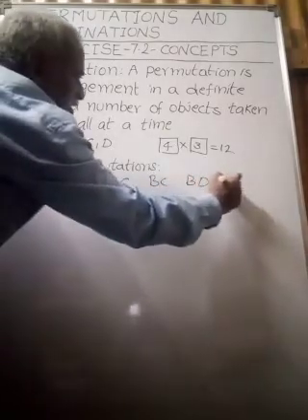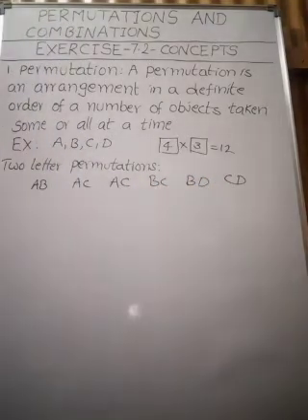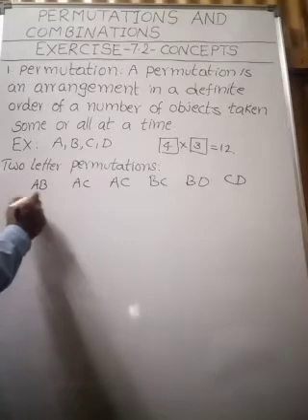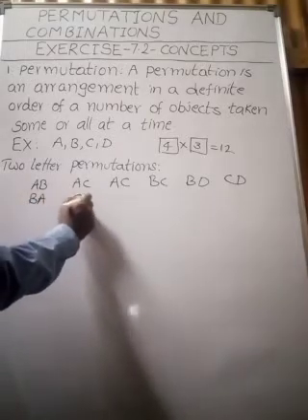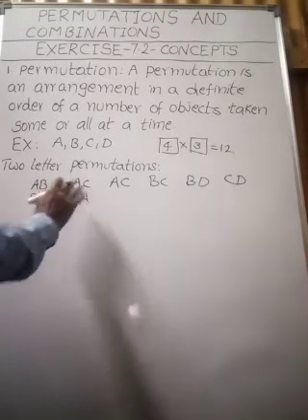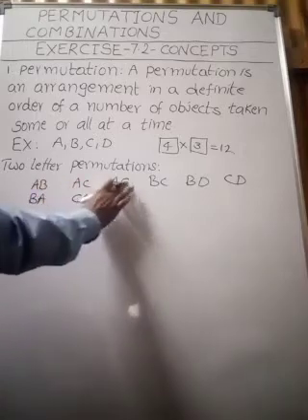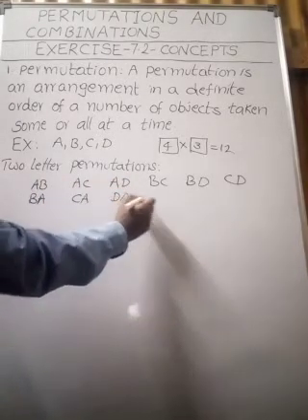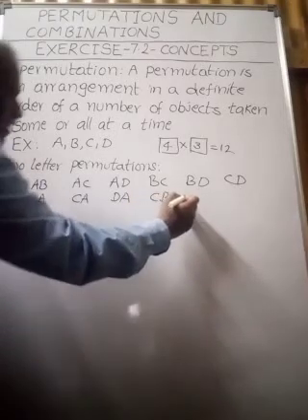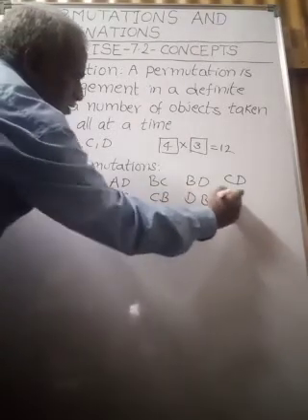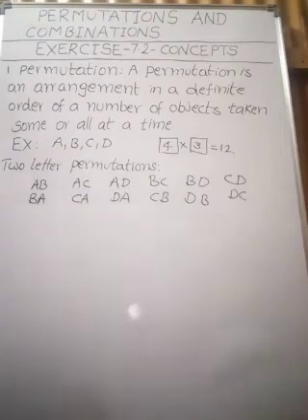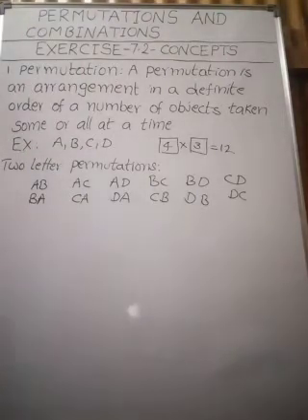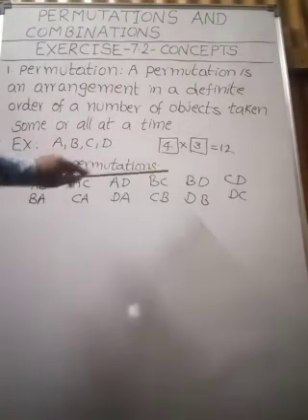Next CD. Okay, my children, these are one kind of arrangement. If we write in the reverse order: BA, CA, DA, CB, DB, DC.